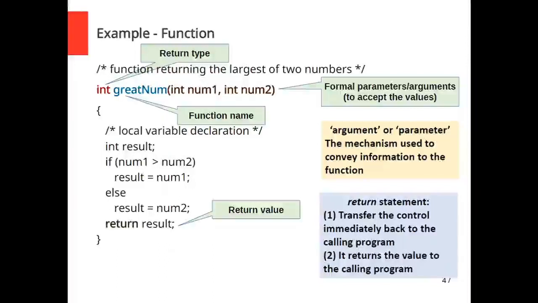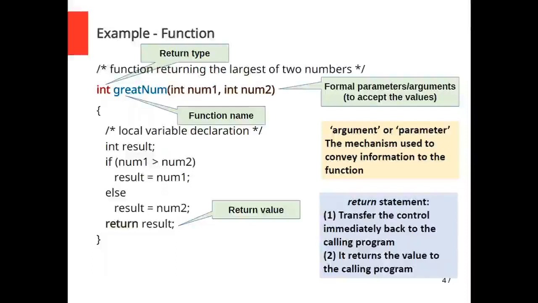And we have the list of parameters specified inside the brackets, that is int num1 and int num2. That says that num1 and num2 are of data type int.